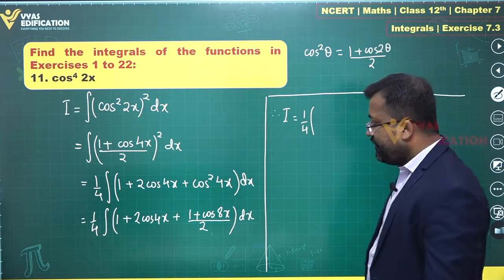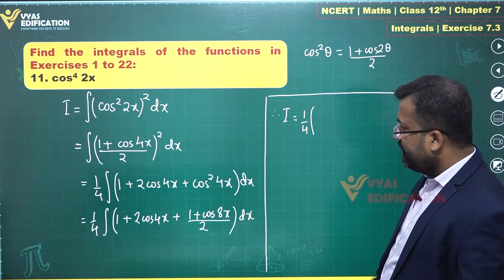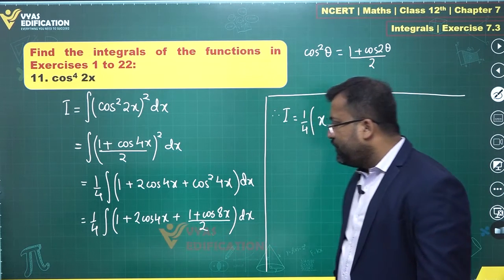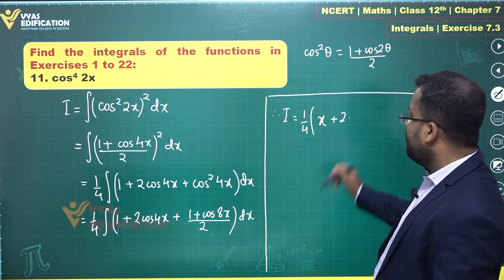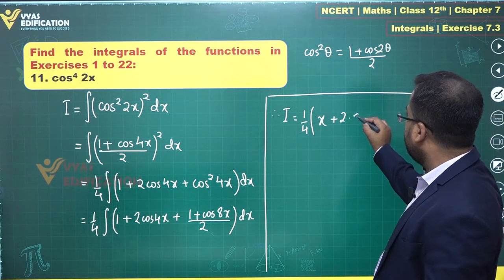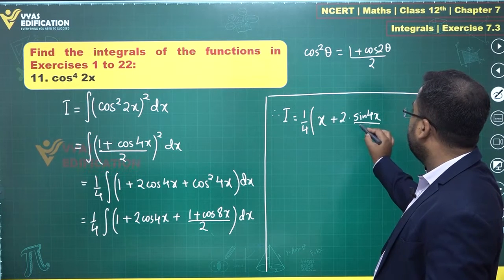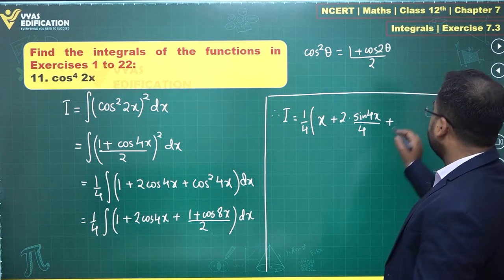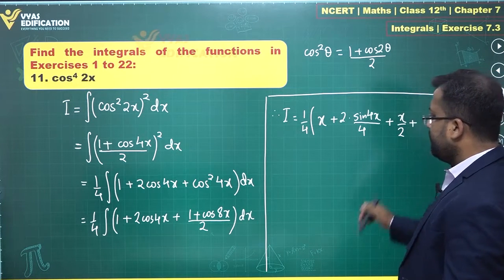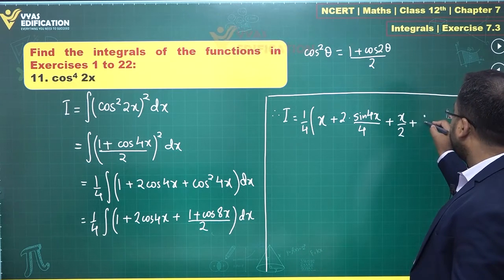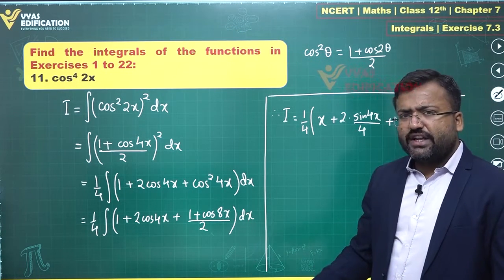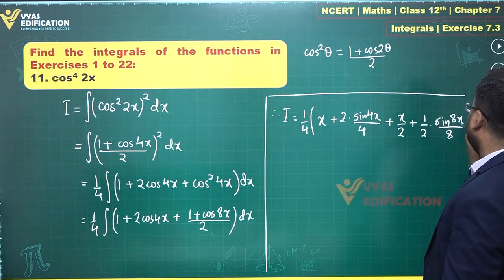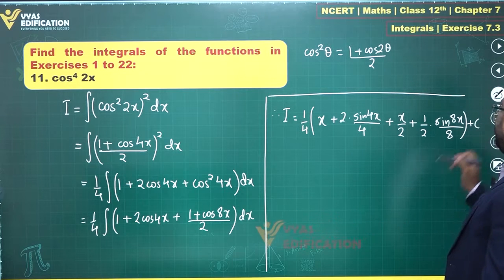In the bracket, what do we have? We have 1, and that 1 integrates to x with respect to x. This is 2 cos 4x, so that will be 2, and the cos 4x integrates to sin 4x upon 4. Plus you have 1 by 2 over here, that integrates to x by 2, plus you have 1 by 2 with cos 8x as well, and the integral of cos 8x will be sin 8x upon 8, plus a constant of integration which is required.